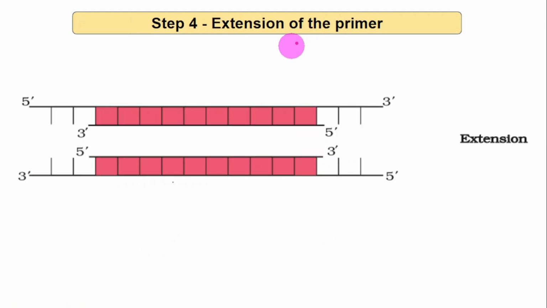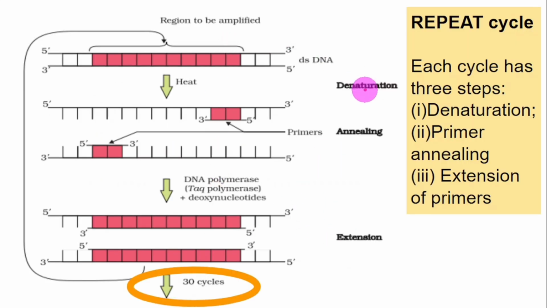The next one is extension of the primer. Using the dNTPs, Taq polymerase will extend the 3' end. And then at the end, we will have two double-stranded DNAs. So the steps of denaturation, annealing, extension will now be repeated again, and this will be repeated 30 times.